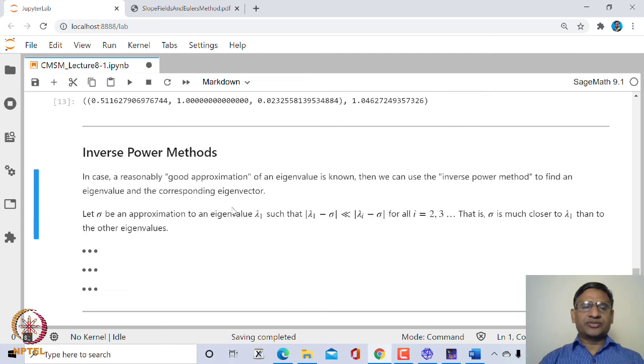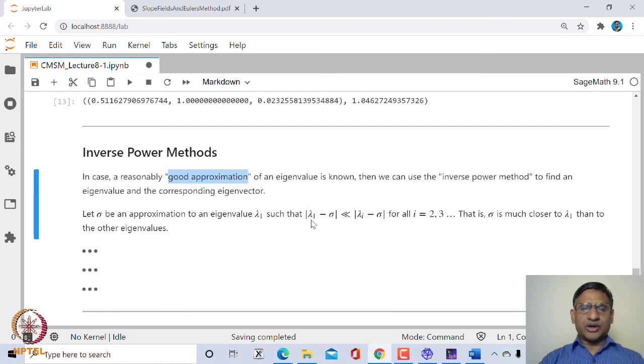In this case, first we look at some approximation of an eigenvalue. Suppose sigma is an approximation of the eigenvalue lambda 1, and then we assume that this sigma is far away from the remaining lambda i's.